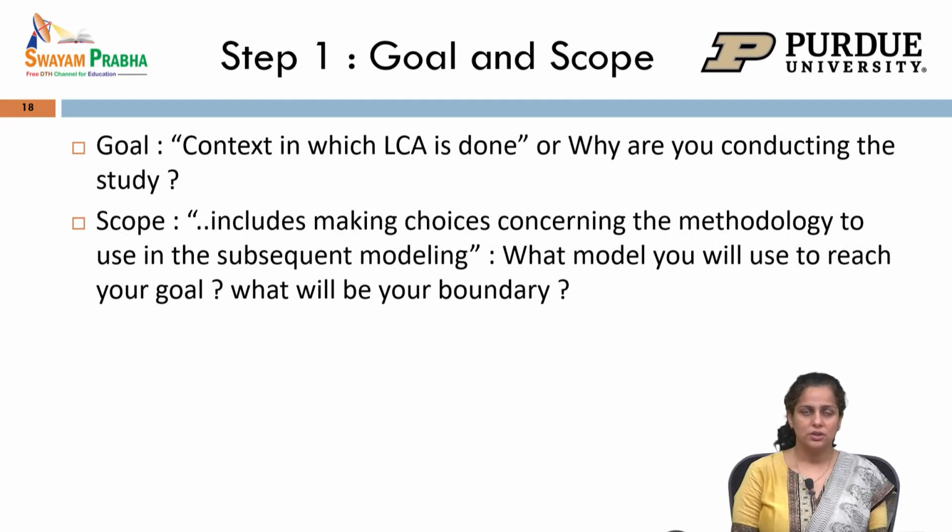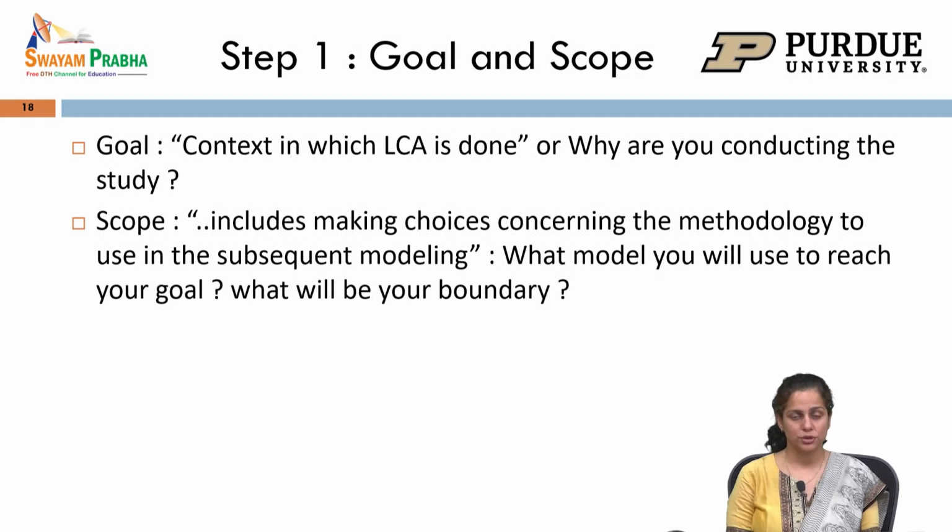First, goal. The goal of your LCA is mainly the context in which LCA is done, or why you are conducting the study. If you have taken any modeling course before, you would have seen that when you develop a model, stating the goal for your model is very important. Are you going to use the model for prediction? Are you going to use the model for assessment or are you going to use the model for control?